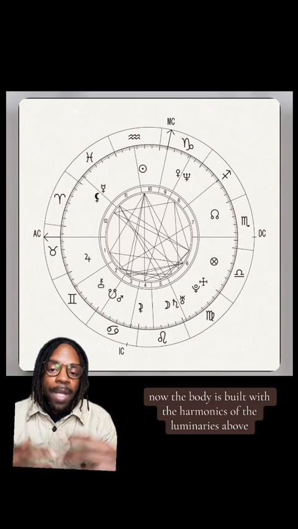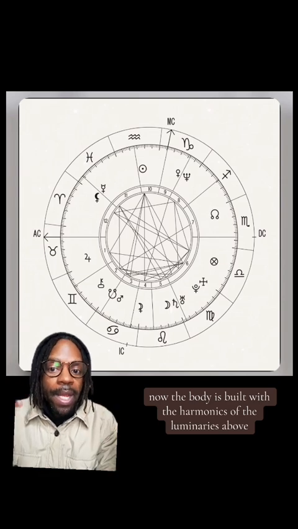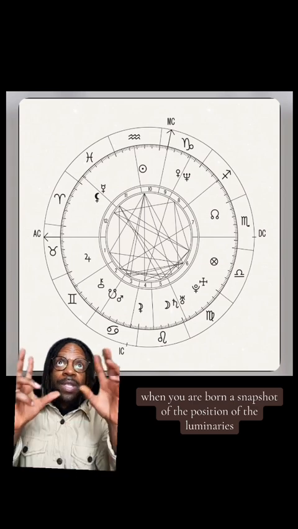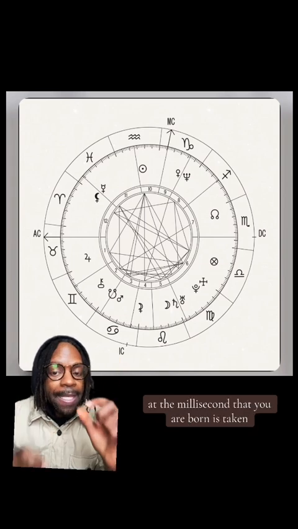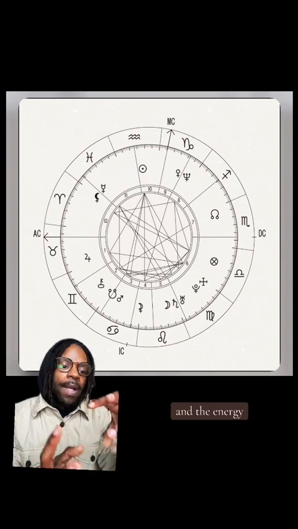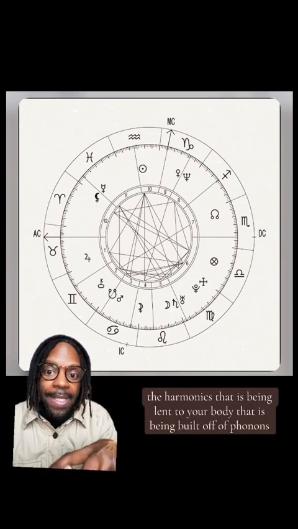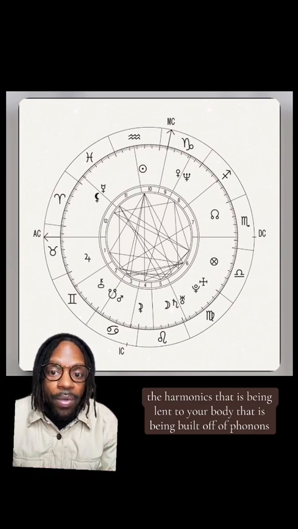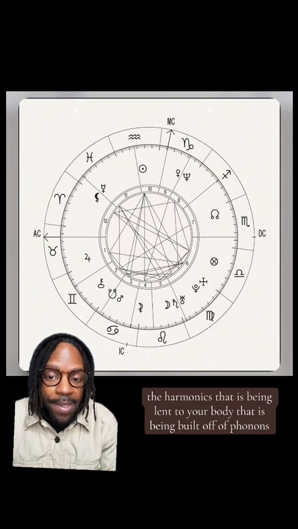Now, the body is built with the harmonics of the luminaries above. When you are born, a snapshot of the position of the luminaries at the millisecond that you are born is taken, and the energy, the harmonics that is being lent to your body, is being built off of phonons.